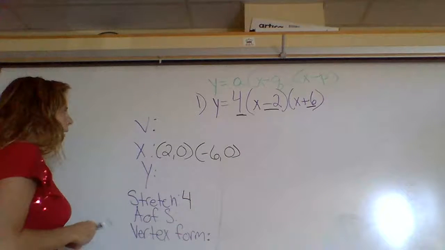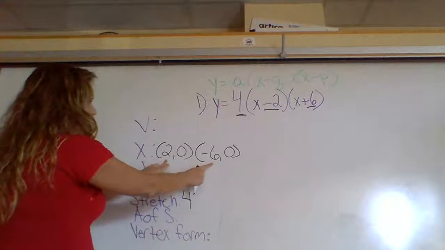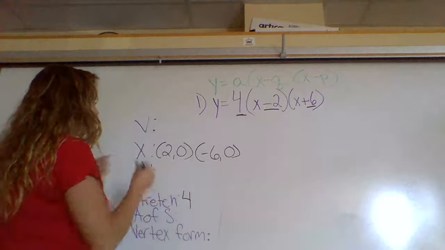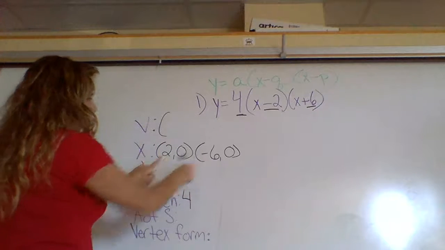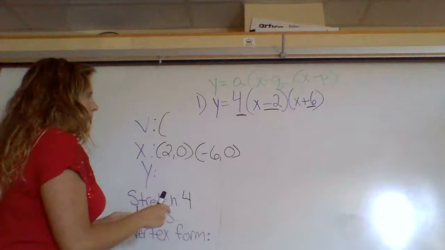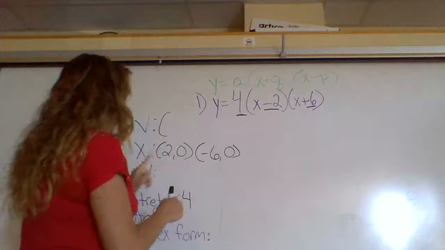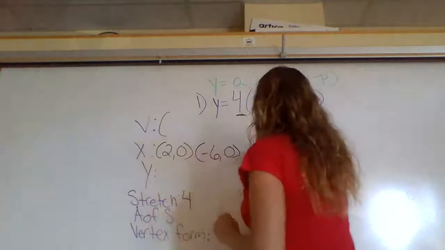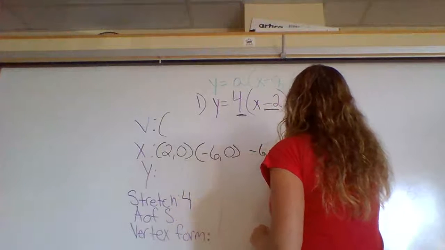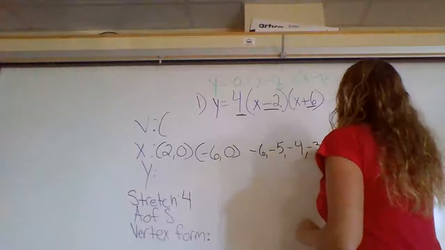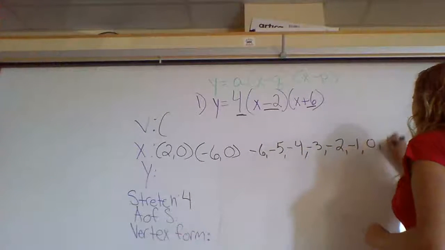Then let's find the vertex. Once you know your x-intercepts, the x-coordinate of your vertex is halfway in between. You can either write them all out, which takes more time: -6, -5, -4, -3, -2, -1, 0, 1, 2.